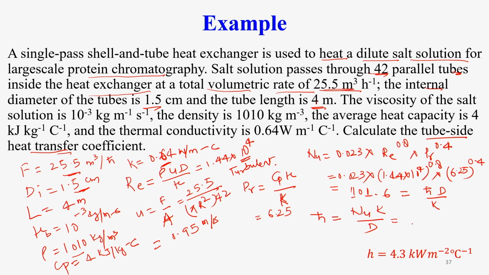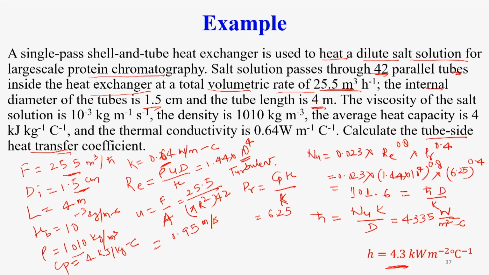We will get the value of h as 4335 watt per meter square degree centigrade, or you can say 4.3 kilowatt per meter square degree centigrade.